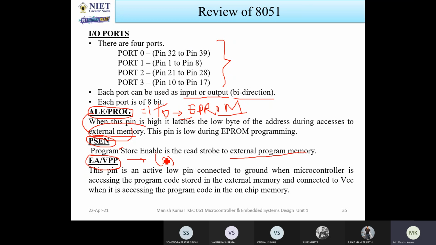At the time of accessing the program, you put 1. So whenever you are writing the program, you put 0. Whenever you are running the program, you put 1. When you come to the college, you can see in the hardware how it happens. This is the practical thing.